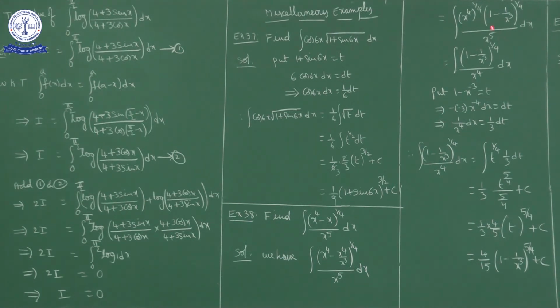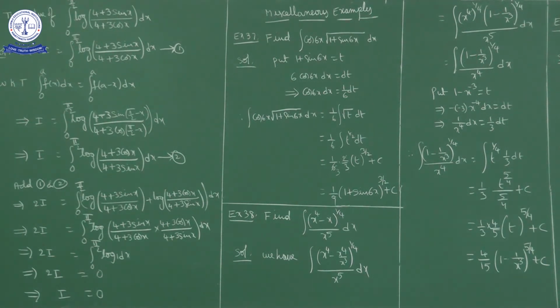So here the 4 gets cancelled. x by x power 5, one x cancels, no? So denominator will be x power 4, numerator will be (1 minus 1 by x cube) whole power 1 by 4 dx. So integral (1 minus 1 by x cube) whole power 1 by 4 upon x power 4 dx. This part I'll consider as t.